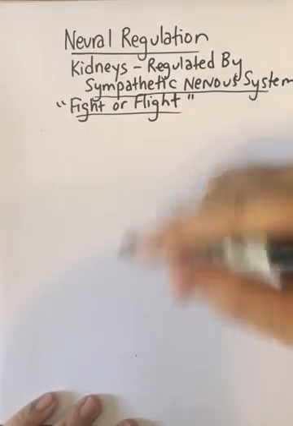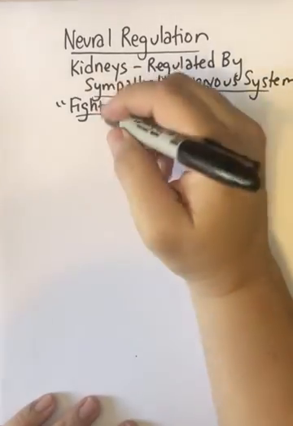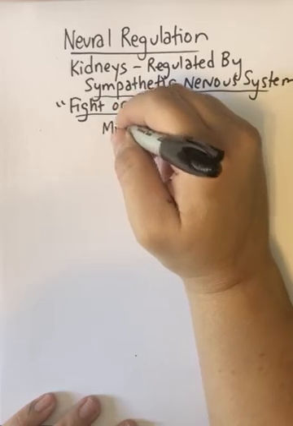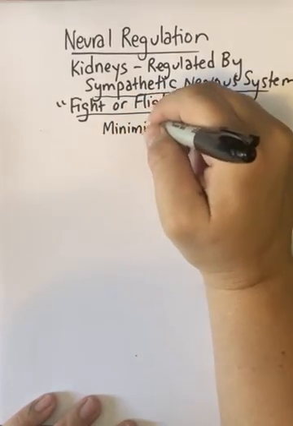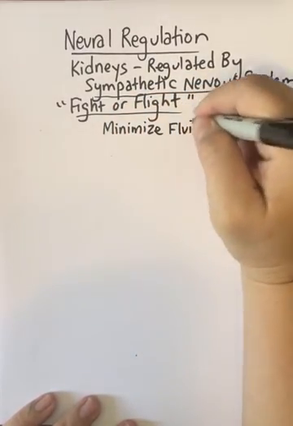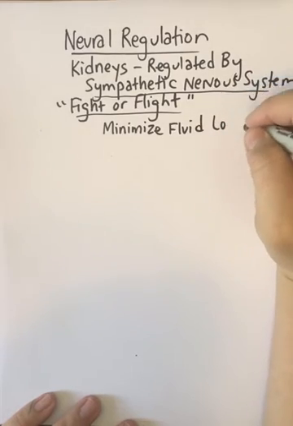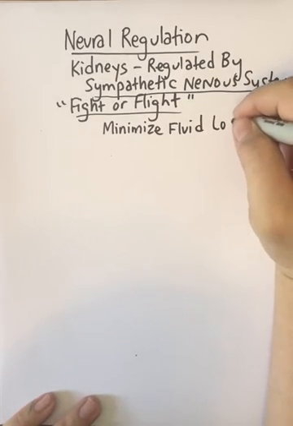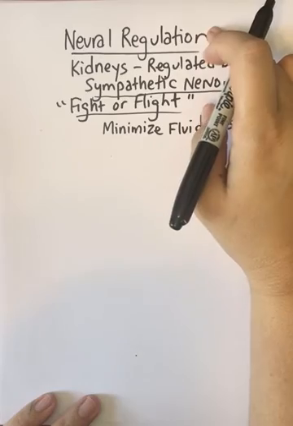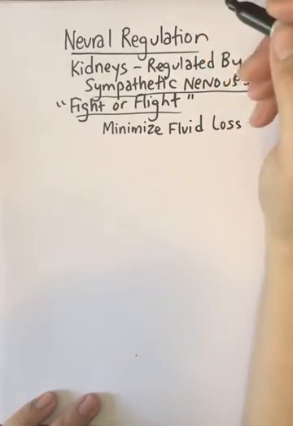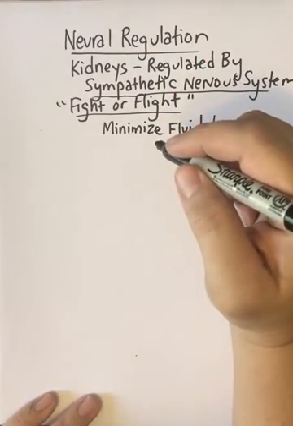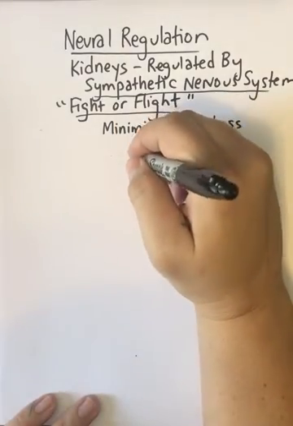In fight or flight, you're running from a tiger. We need to minimize fluid loss. You're trying to run from a bear. So if we're trying to minimize fluid loss and we're talking about neural regulation of the kidneys, then we ultimately want to decrease the GFR.